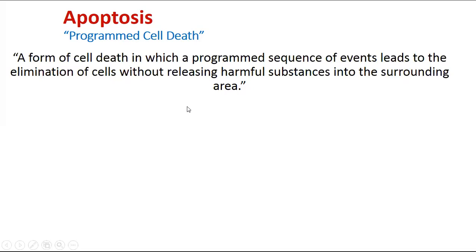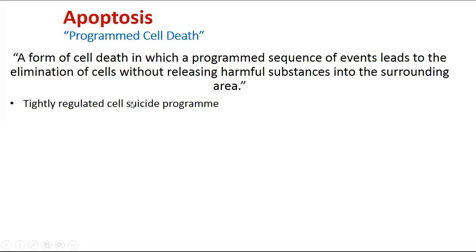Another definition: it's a form of cell death in which there is a series of events that leads to elimination of the cell which is required to go, but at the same time, it will not cause harmful substances to come out into the surrounding tissue and damage those cells also. So that's a perfect mechanism.